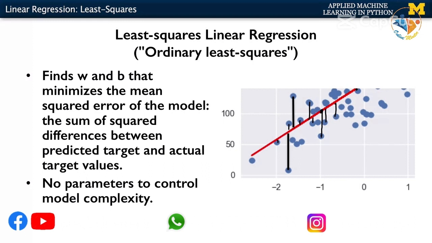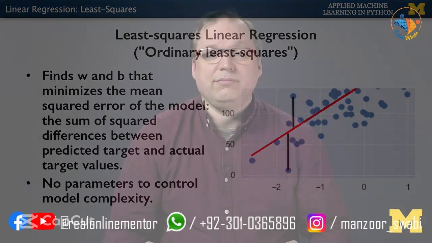One thing to note about this linear regression model is that there are no parameters to control the model complexity. No matter what the value of w and b, the result is always going to be a straight line. This is both a strength and a weakness of the model, as we'll see later.